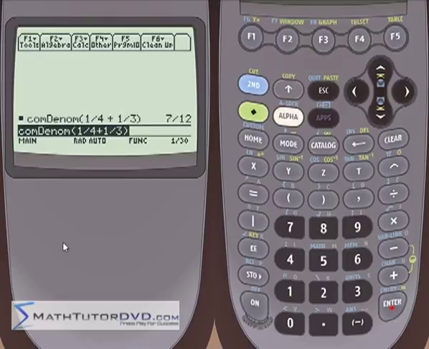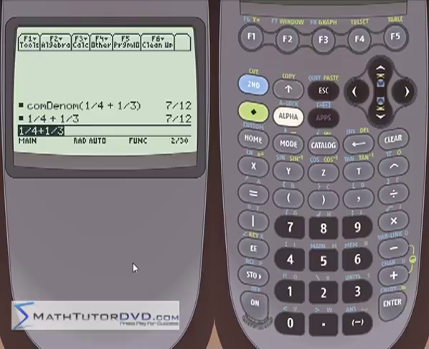When we hit enter, it's going to do exactly what you would expect. It's going to find a common denominator between these two denominators, which would be 12. It's going to transform each fraction into an equivalent fraction with common denominator 12, add the numerators together, and you're going to get 7/12. Like I said, this calculator is smart enough to do that right on the command line. You're going to get the same answer.